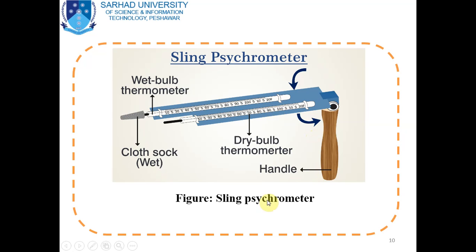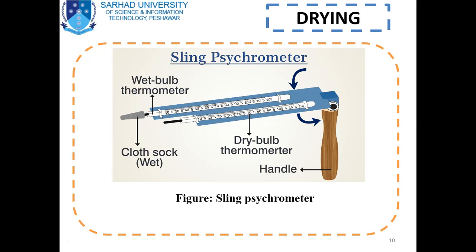We rotate this handle and note the wet bulb as well as the dry bulb thermometer reading, and then we consider the difference from the chart, and by using this type of length hygrometer, the humidity of the environment is determined.